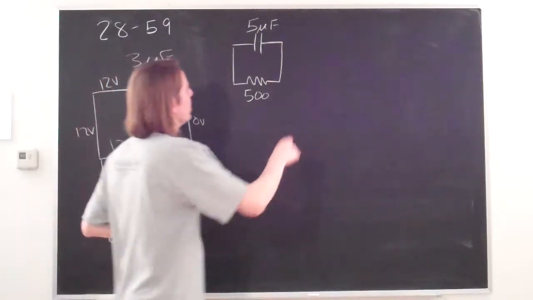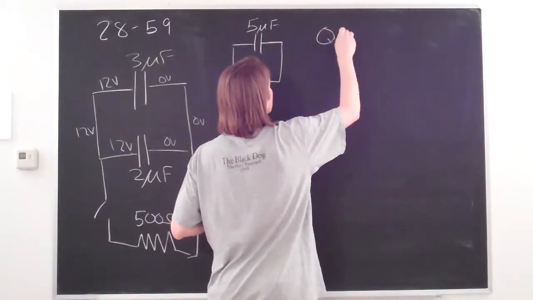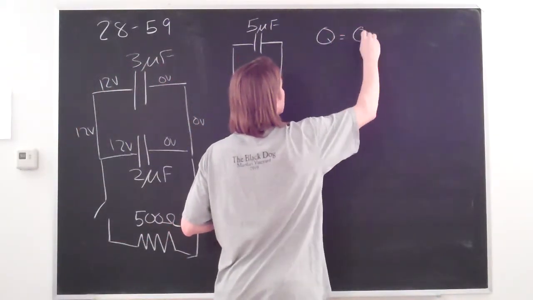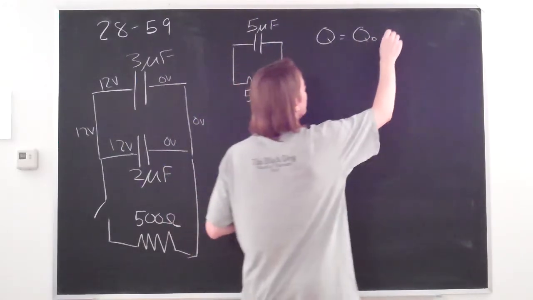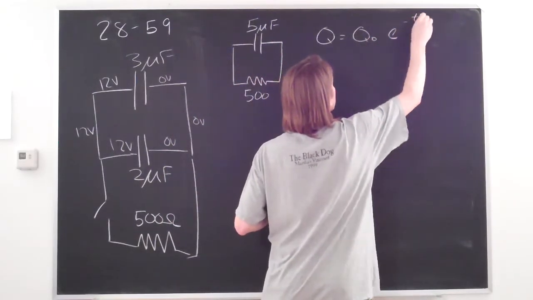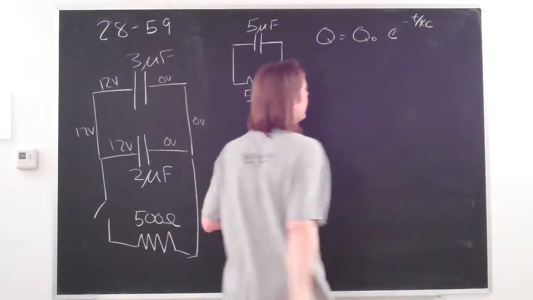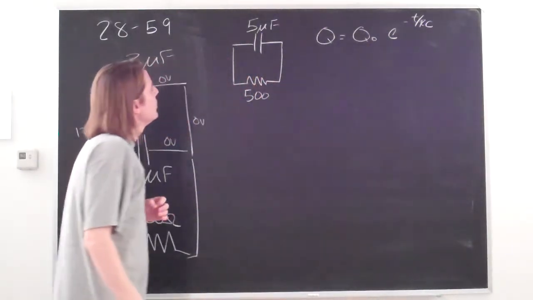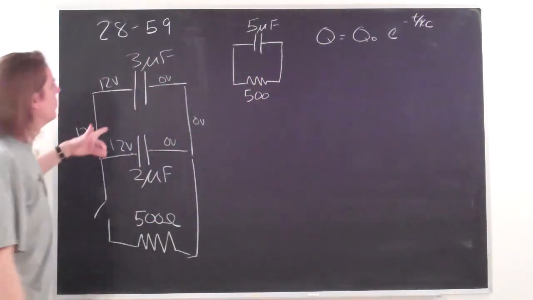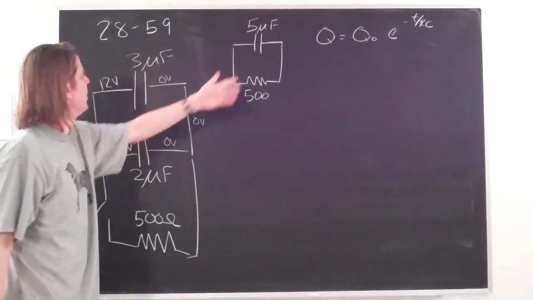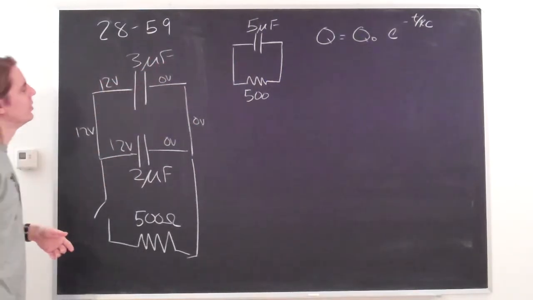When a capacitor discharges, Q goes as the original Q naught e to the minus t over RC. Q naught: we had 12 volts across 5 microfarads, across a 3 and across a 2.